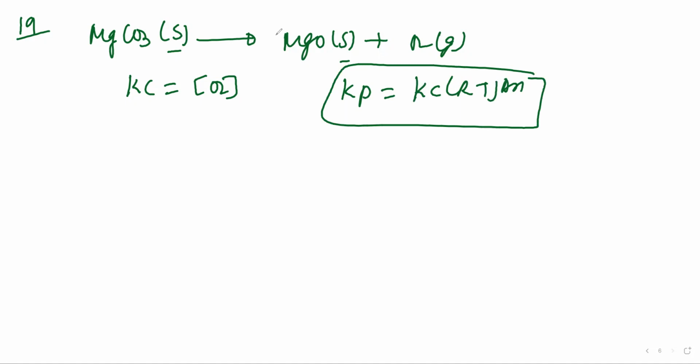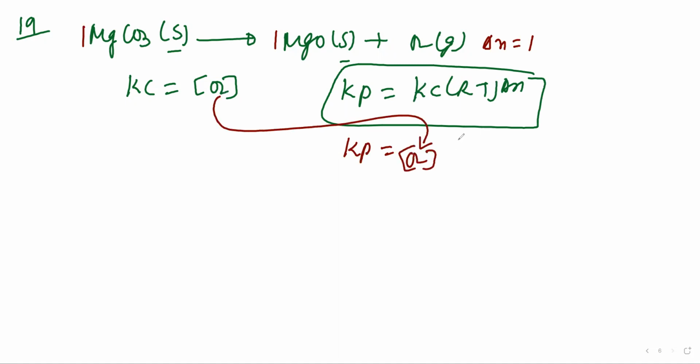Now we know solids are constant, so they will not be considered in the moles. So the change in moles will be 1 only. So Kp is equal to Kc, put the value here. It will be concentration of O2 times RT raised to 1. So this will be the answer. So the first is the correct answer.